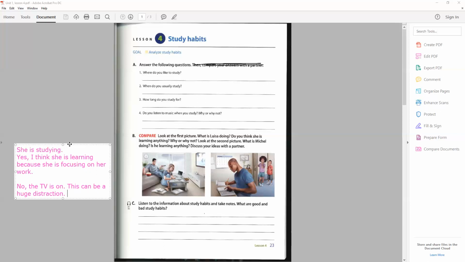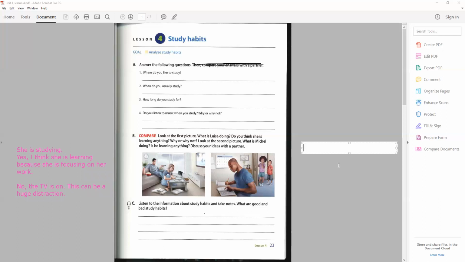Okay, now let's look at Michael in this picture. It looks like he's studying, right? And do you think he is learning? I would probably say no, because the children are making too much noise.